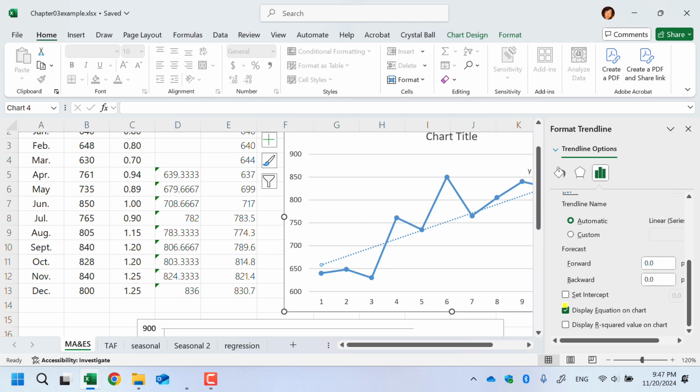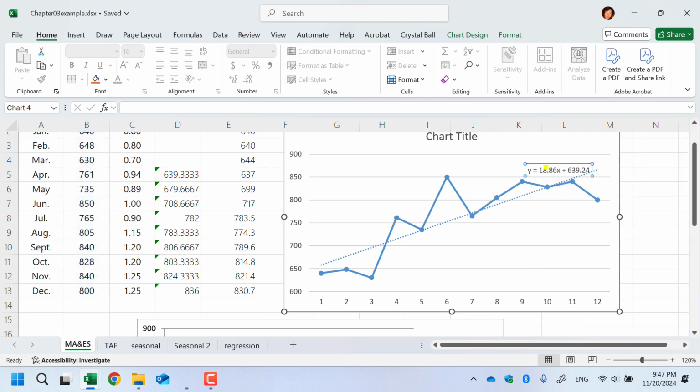Because we will figure out the seasonality also. So I'm just trying to draw out only the trend. It doesn't matter whether the trend can explain most of the movement or not. That's not important here. So you choose the option, display equation here, and then you go back.